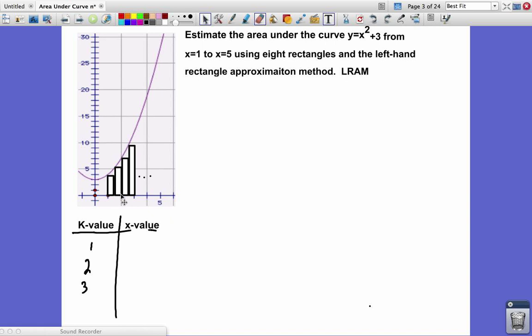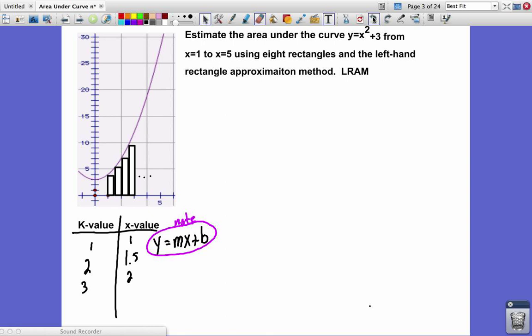And then moving over one more width of a rectangle brings me to an x value of 2 for the third rectangle. So filling in the chart for the x values, we get 1, 1.5, and 2. The reason we do the chart is so that we can later convert from x's to k values when we're trying to evaluate the area using the sigma notation.